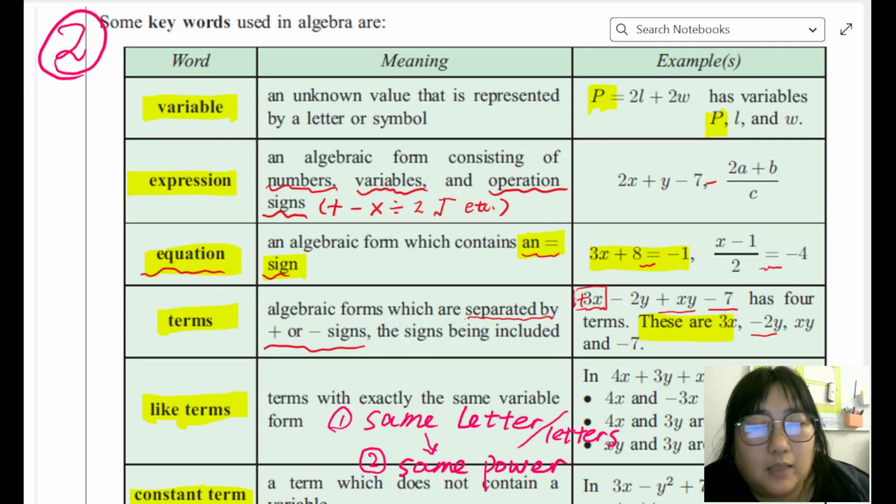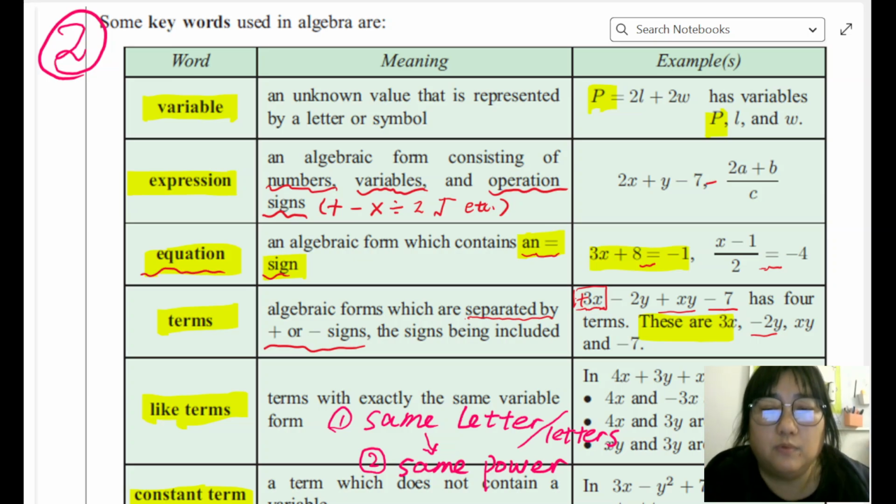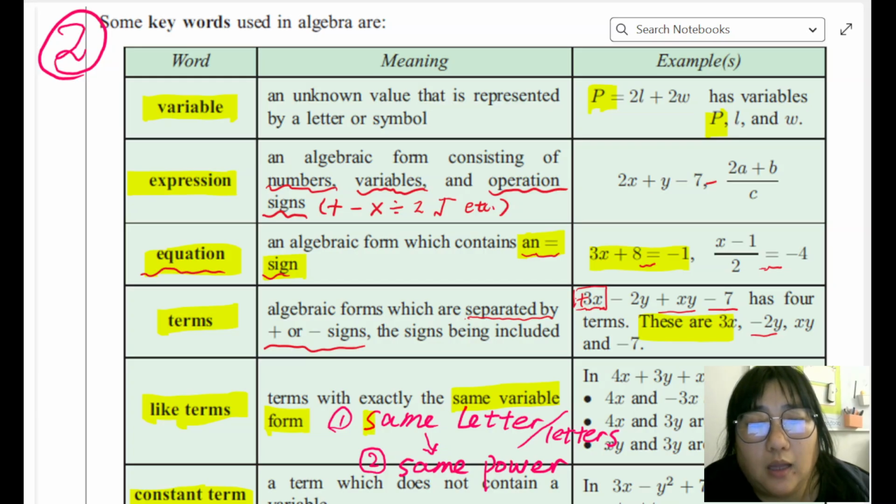Next one is like terms. I tell my students, they mean the same variable form, okay? Same variable form means they have the same letter or letters, and for the same letter, they have to have the same power or same index.